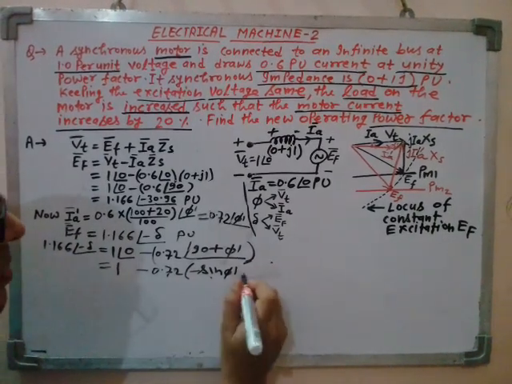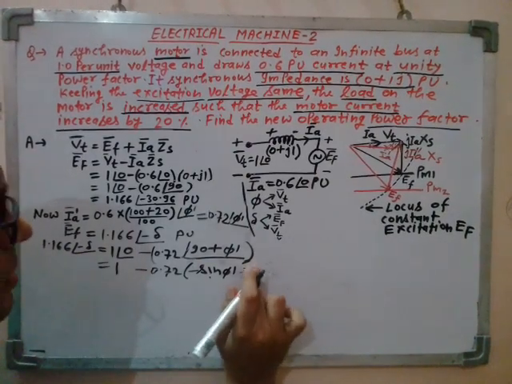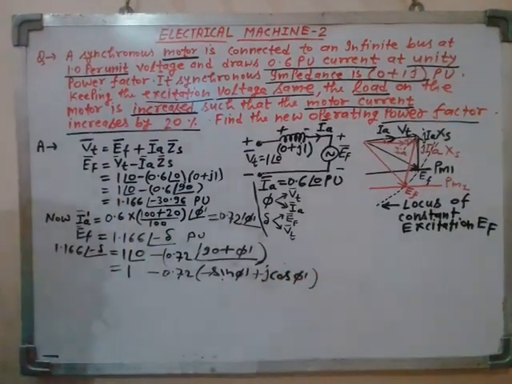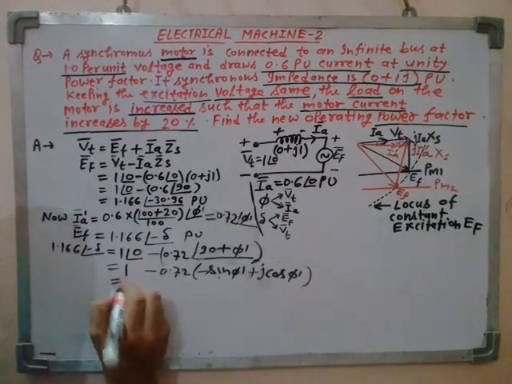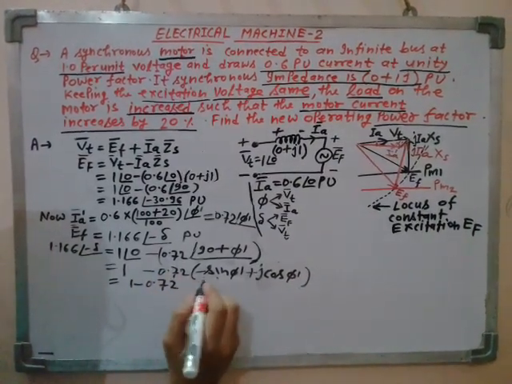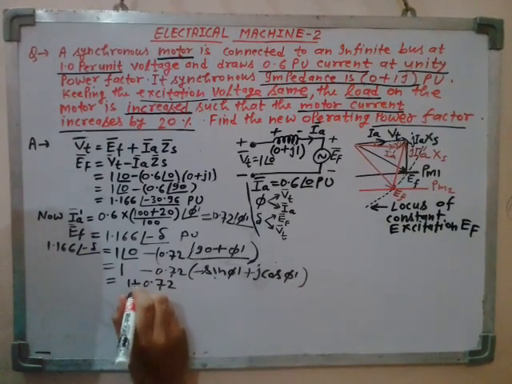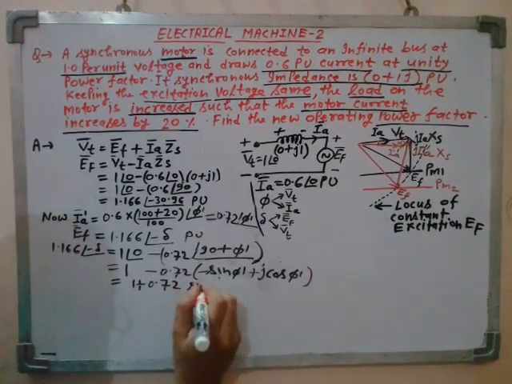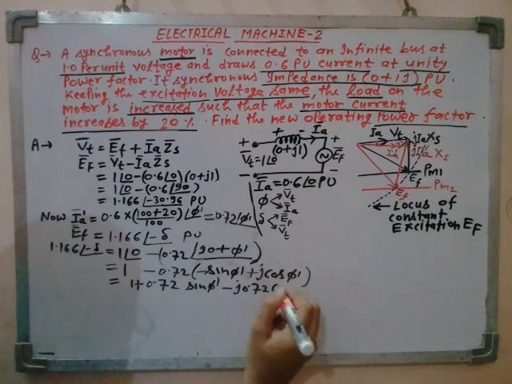So write plus j cos phi dash. Now this is a mathematical equation you can solve on your own. Minus becomes plus: 1 plus 0.72 sin phi dash minus j 0.72 cos phi dash.